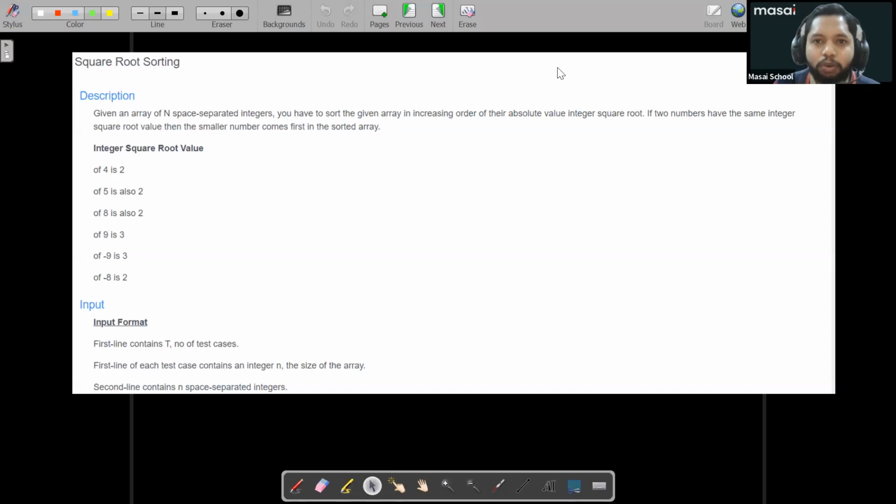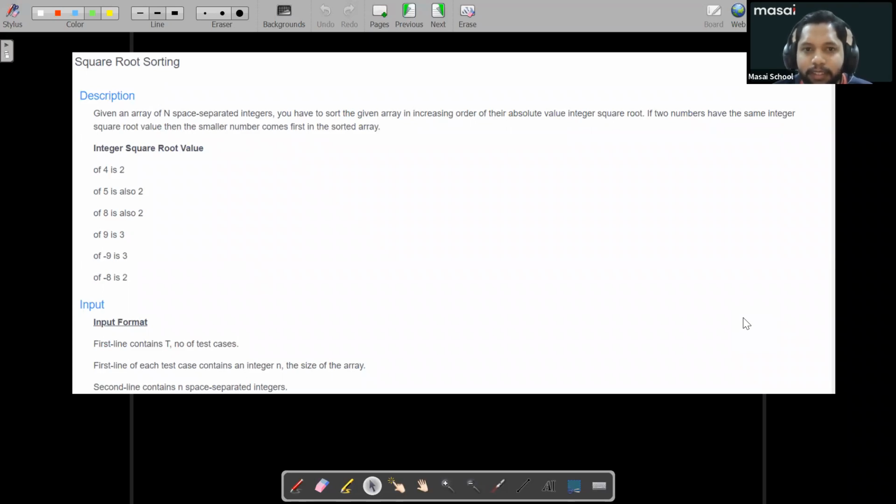Simply read it, guys. Square root sorting. Read carefully. A small description question. Lokesh is done.